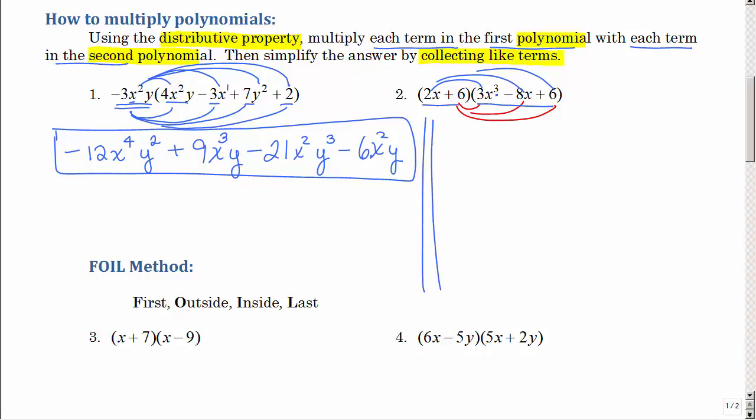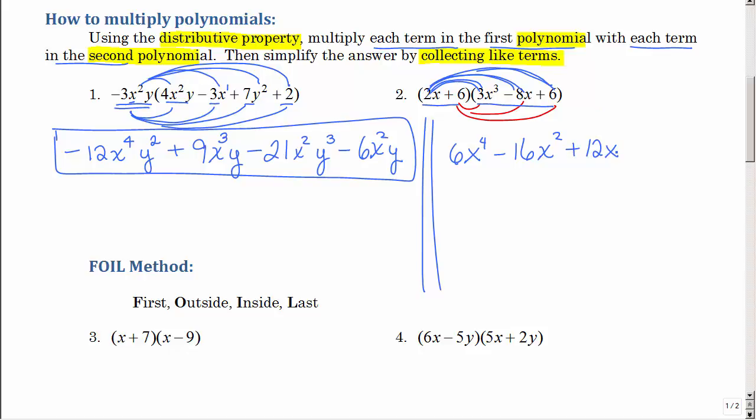Alright, so 2x times 3x cubed is 6x to the 4th. That's here to here. Then positive 2x times negative 8x is negative 16x squared. And then positive 2x times positive 6 is positive 12x.